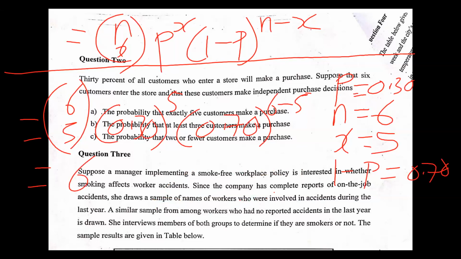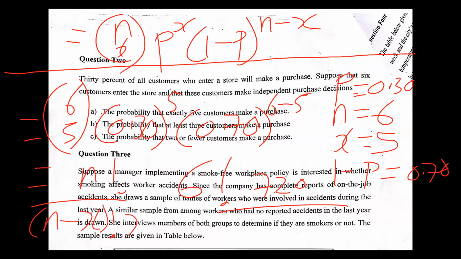Then you know where to find factorial. Let's do it in this way again and see if you find the same. What is 6 factorial? 720. Okay, it is n factorial divided by n minus x factorial times x factorial, isn't it? So 720.